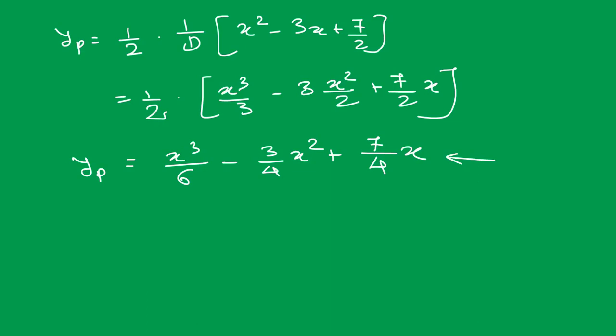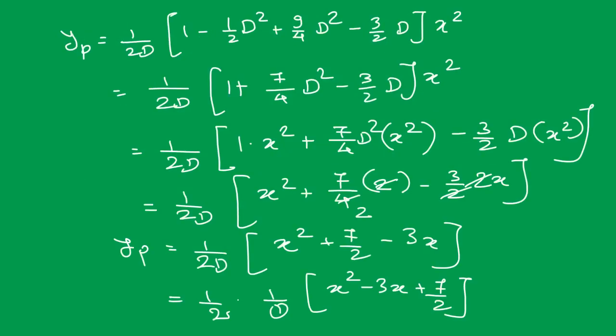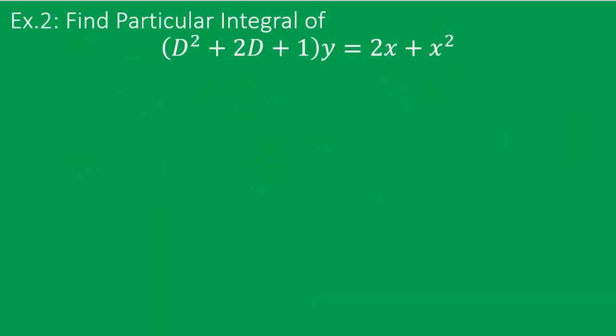Now let us solve one more example here. Here we will find the particular integral of d square plus 2d plus 1 operates on y is equal to 2x plus x square. So now we have two terms. Same method we will apply. So yp is equal to 1 upon, we are already having it in this form, 1 plus 2d plus d square.